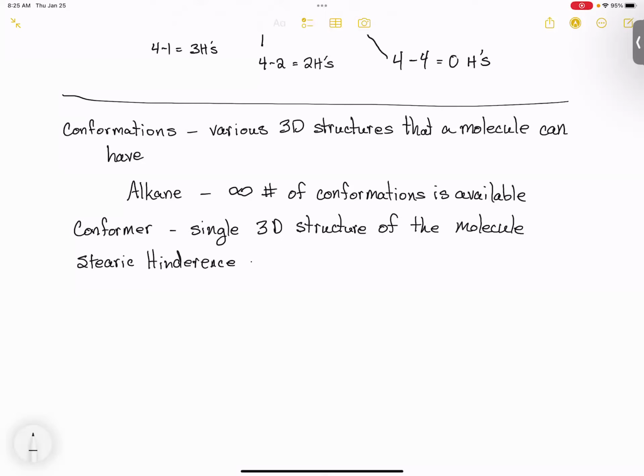And this occurs when there is greater bulk on one side of the molecule.